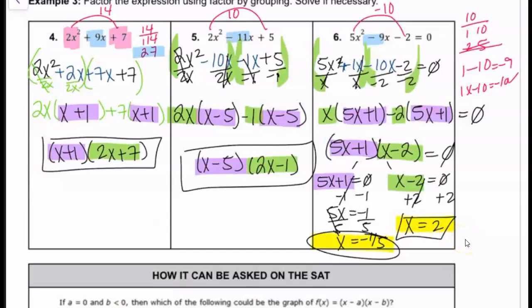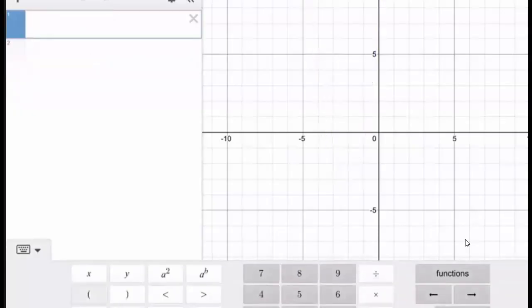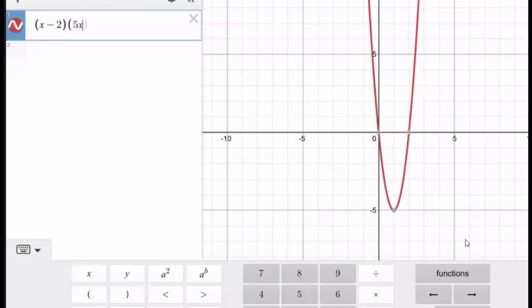Now you might say, what does that mean? Remember, these are our x-intercepts. So if I graph it on Desmos, let's say I graph what we ended up with, x minus 2 and then 5x plus 1.